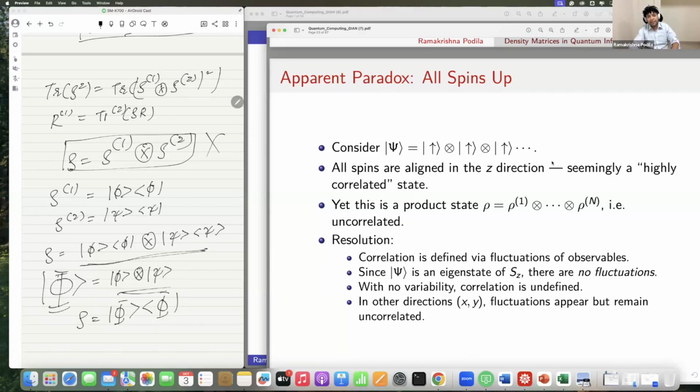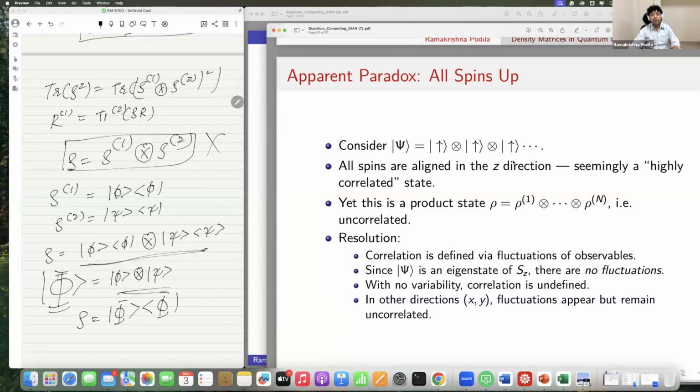Let's say I have n particles, with spin up along all the particles. Then you would think that, okay, if I have spin up z along all particles, they look like a highly correlated set because every spin is up, right? But that is not really correlation because I can express the density matrix as a product, rho 1, rho 2 till rho n. So it is uncorrelated, right?